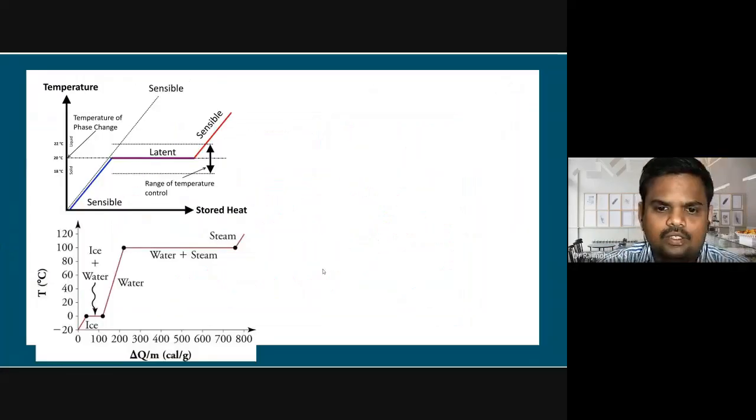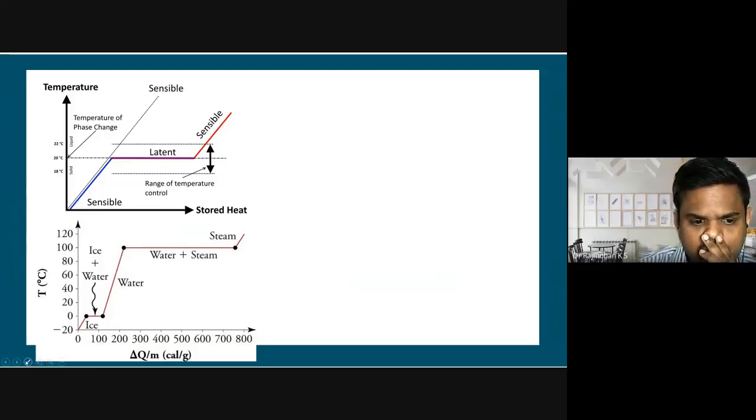So we have seen that when a substance, which may be in solid state, is heated, what will happen to the temperature? When you are raising the temperature, the sensible heat can be measured, that is, we can measure the temperature change in the system.